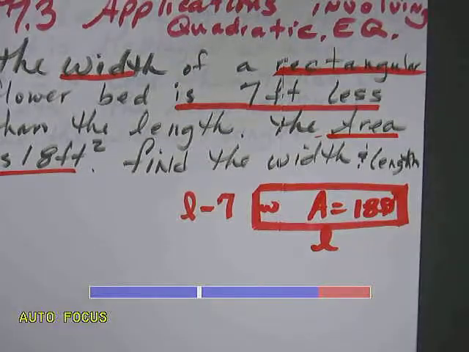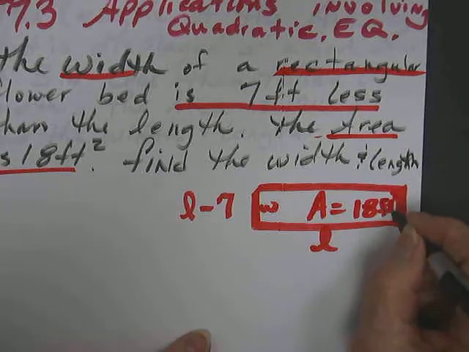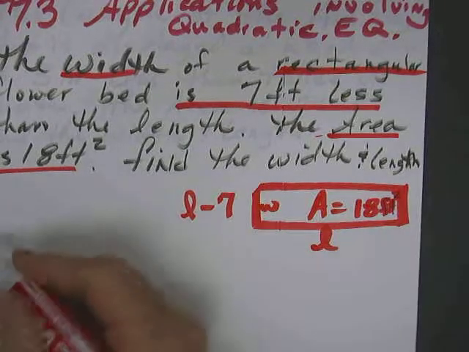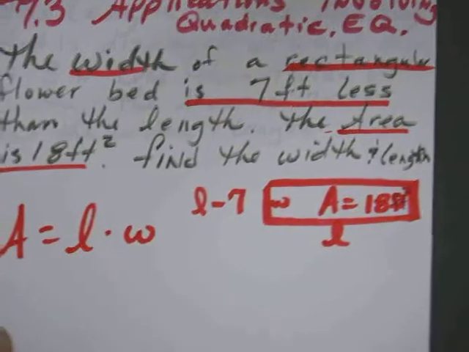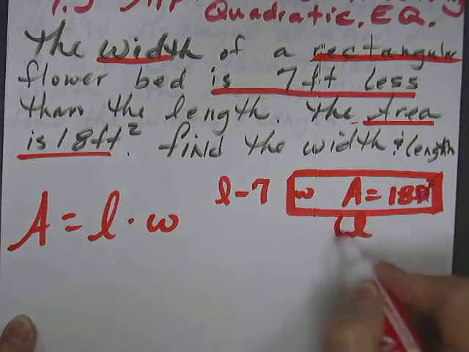Area is 18 square feet. So the area is length times width, right, of a rectangle.